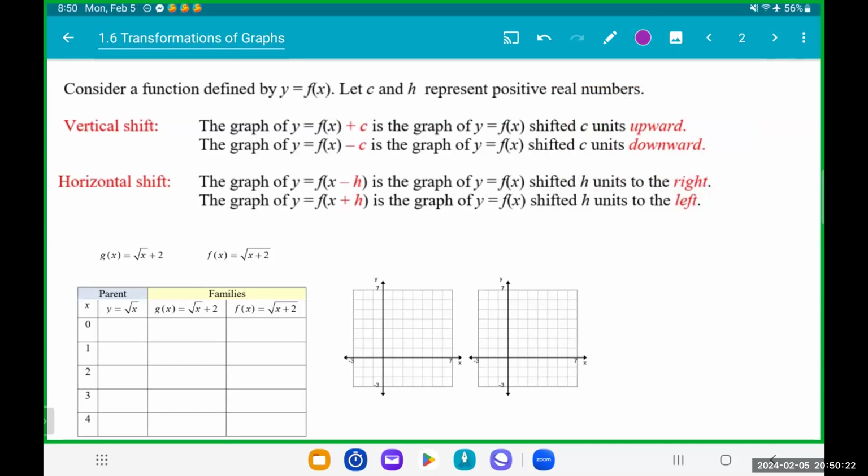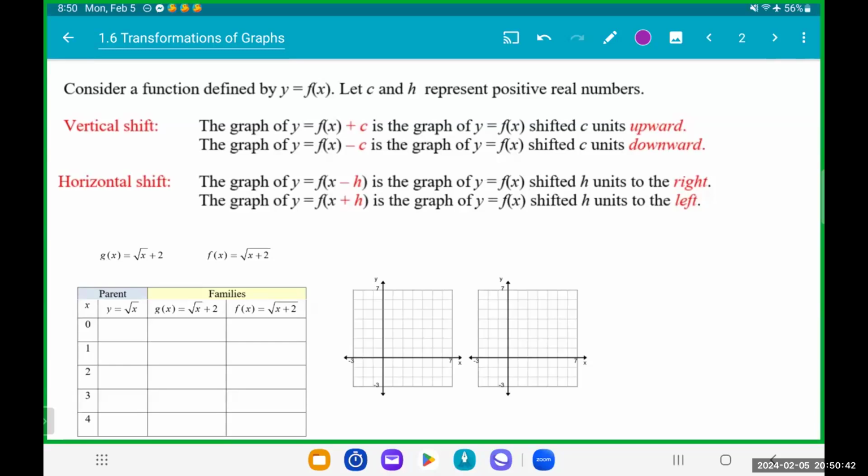Horizontal, if the shift is part of the function, not in addition to the function, then minus h, I'm shifting to the right, plus h, I'm shifting to the left.